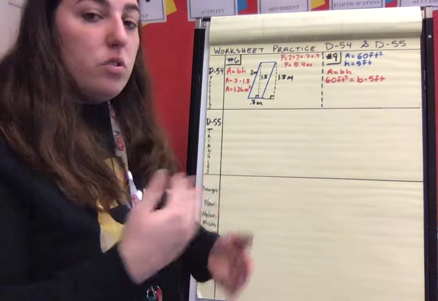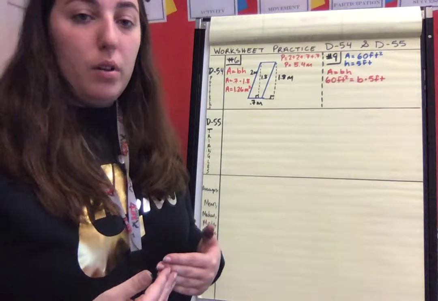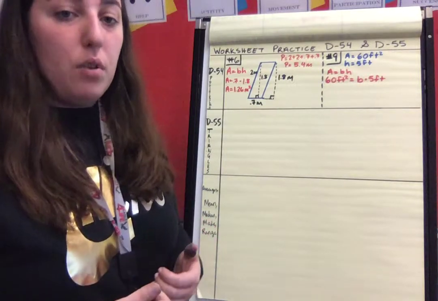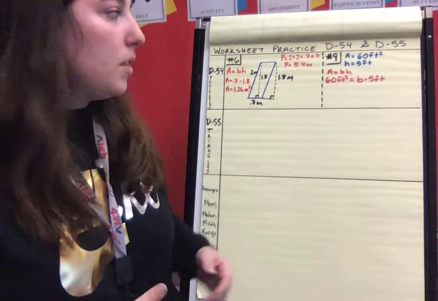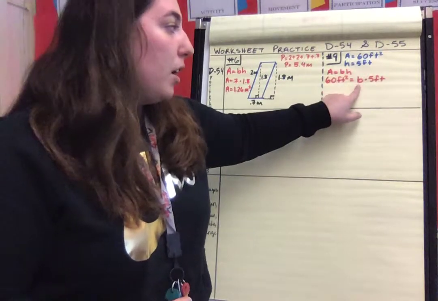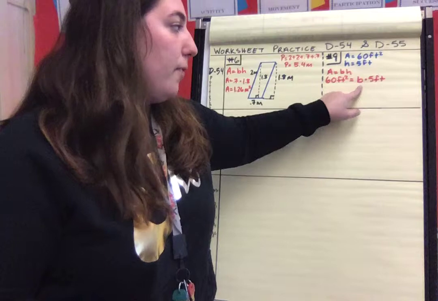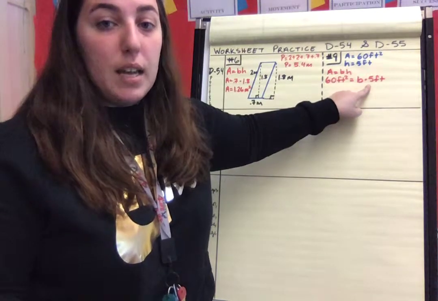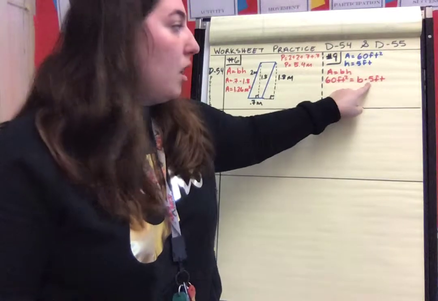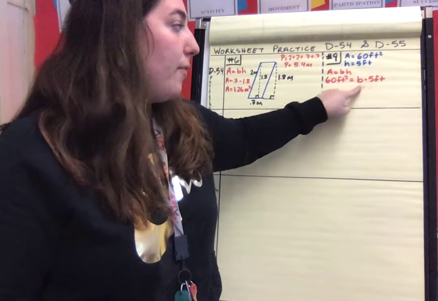Now I have to undo what's happening to my variable by using inverse operations. Again, inverse operations are just the opposite. So since my variable is being multiplied by 5 feet, I'm going to use the inverse of multiplication, which is division. So I need to divide by 5.